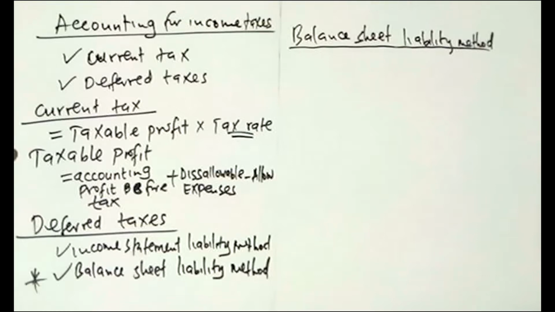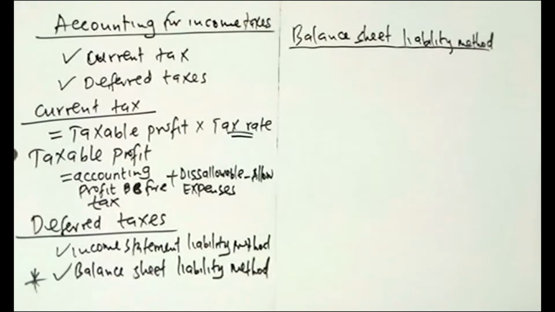Unlike the income statement liability method, which contains incomes and expenses, which fluctuate from time to time. That is the justification why the balance sheet liability method is recommended.